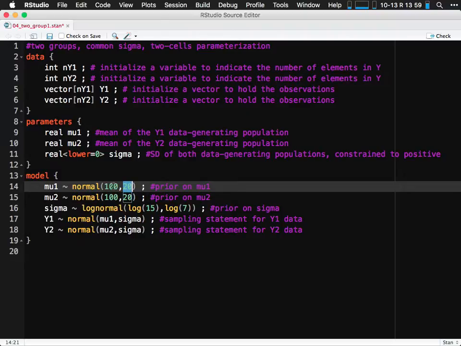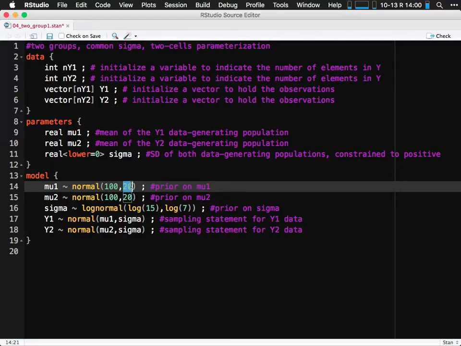So this is still a standard deviation, but we're using it more for the general shape. If you have a distribution centered on 100 and a standard deviation of 20, most of the mass of the distribution falls plus or minus 20, just like most of the mass of a general normal falls plus or minus 1 standard deviation. So that's all it's being used for.